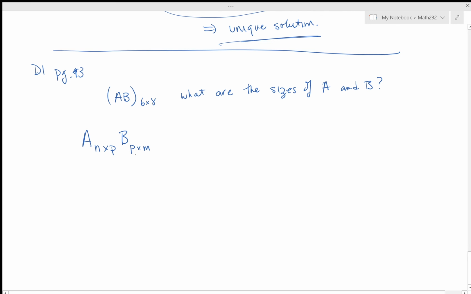So when I do the multiplication, those two things are equal, the multiplication will be possible, and I will get AB, which will be of size n by M. And that tells me, because I want it to be 6 by 8, that n has to be 6 and m has to be 8.